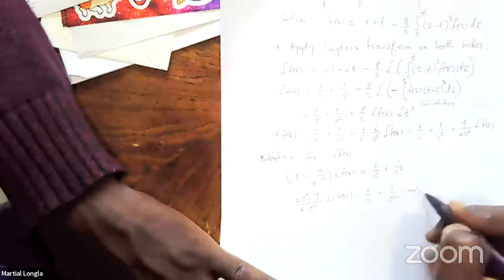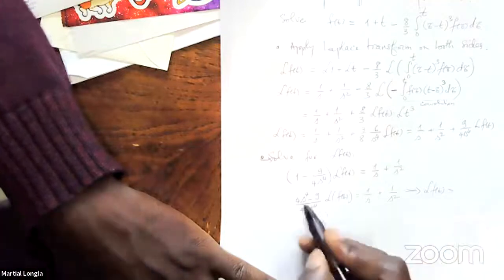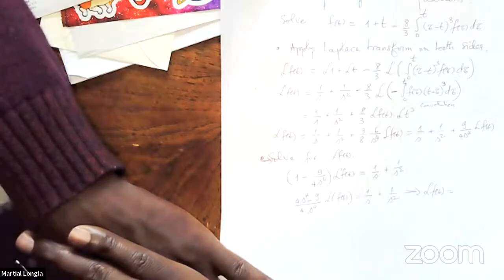From where we can get Laplace transform of f of t equals, now if I multiply the whole thing by 4s to the fourth, see what's going to happen.